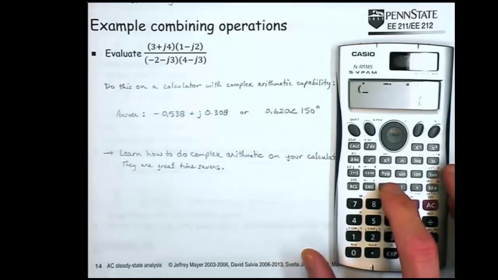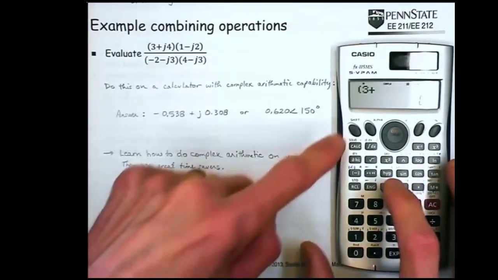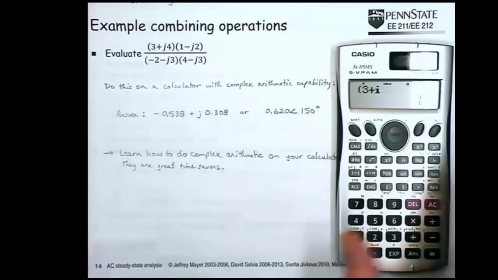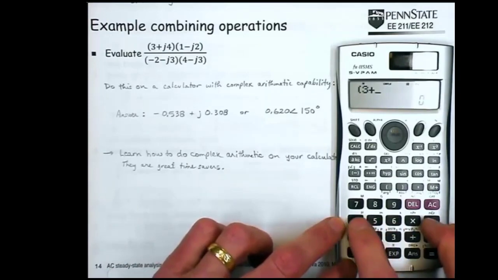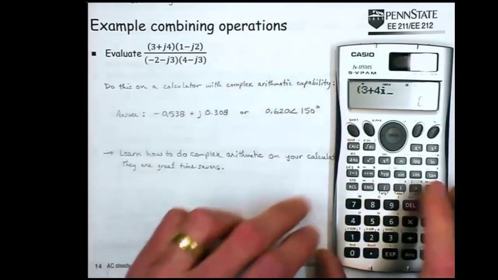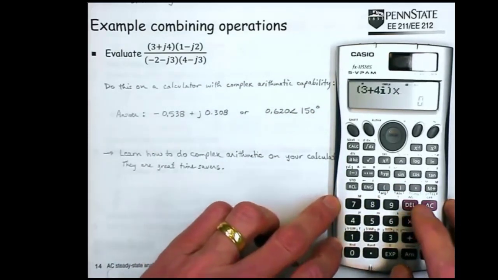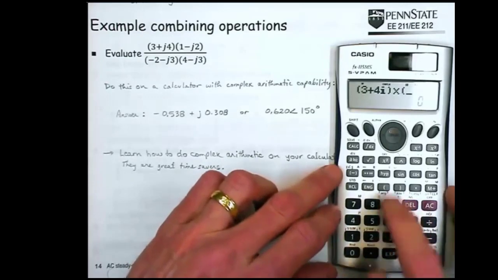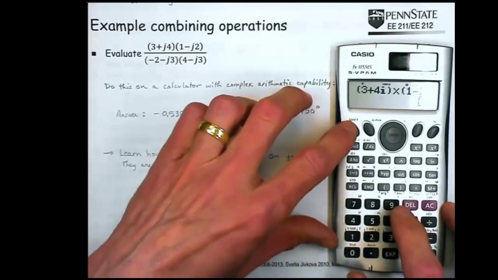So let's start out with 3 plus j4. So I have 3 plus, and there's an i function, 3 plus 4i. And I'm going to multiply that by 1 minus 2i.